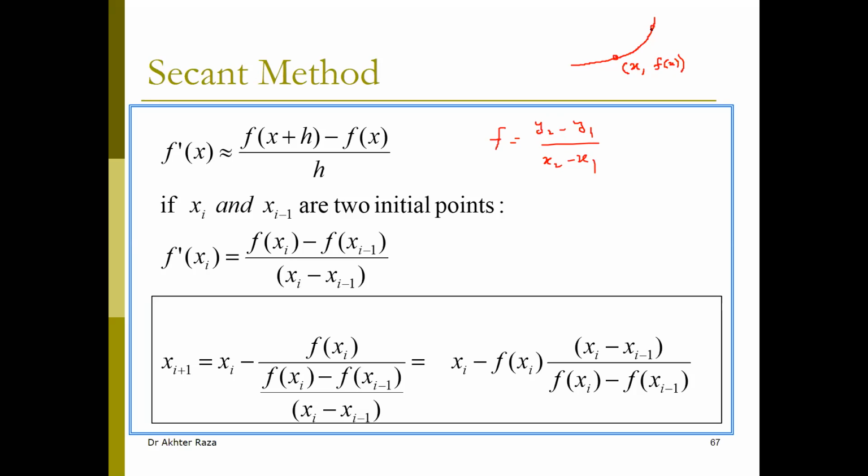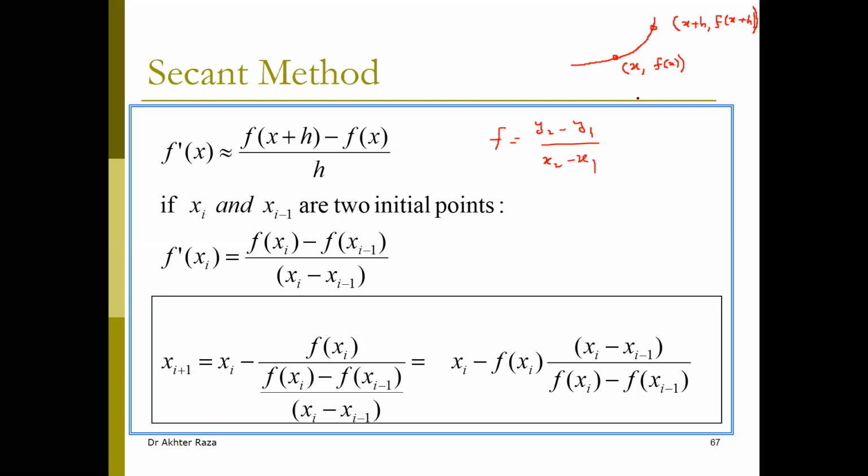And we have another point. This point is x plus h and f of x plus h. So instead of having points x, y and x1, y1, we have x and x plus h.